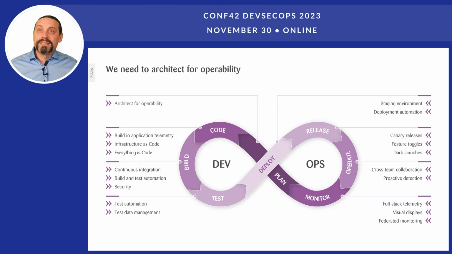And of course, we need to have canary releases with feature toggles and dark launches. In operate, we need cross-team collaboration and proactive detection. And it is absolutely essential that in the monitor step, we have full-stack telemetry with visual displays and federated monitoring.